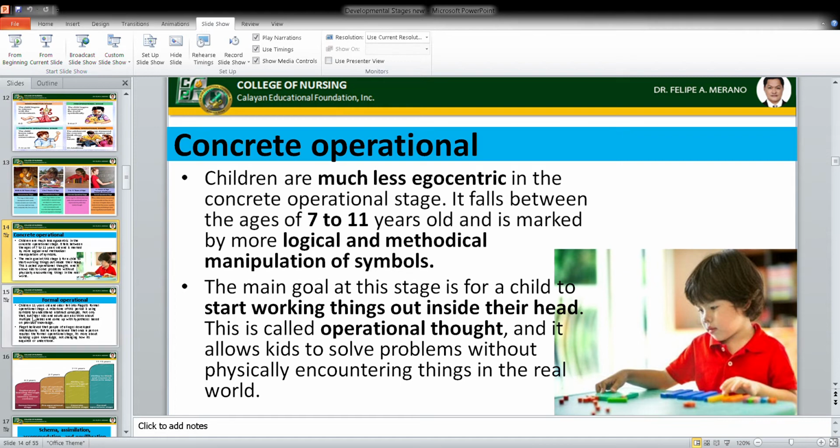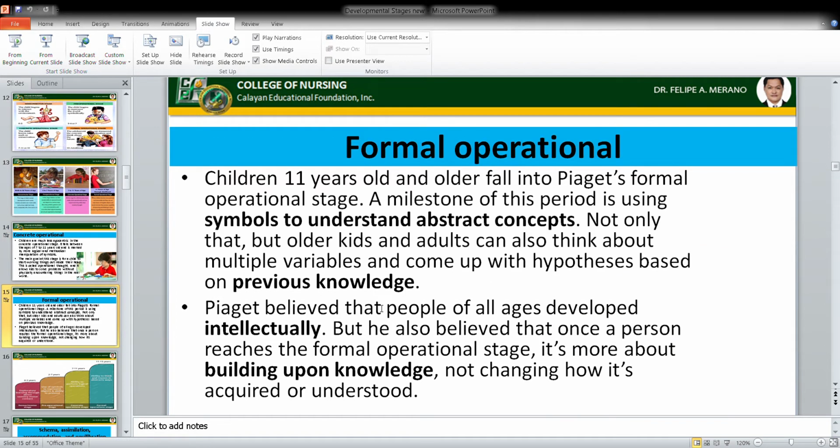Then, formal operational: children 11 years old and older fall into Piaget's formal operational stage. A milestone of this period is using symbols to understand abstract concepts. Not only that, but the child and adult can also think about multiple variables and come up with hypotheses based on previous knowledge.